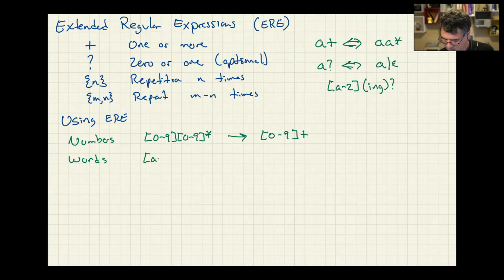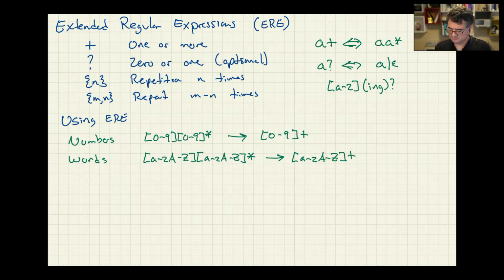Words, we had little a to little z, and then big A to big Z, again, star, and that can be written as little a to little z, big A to big Z, plus. Zip codes.